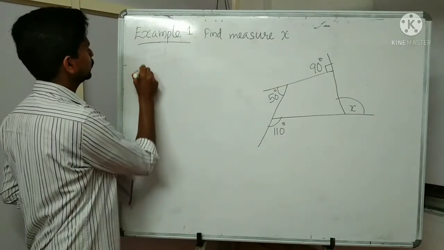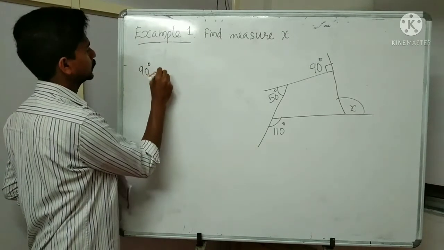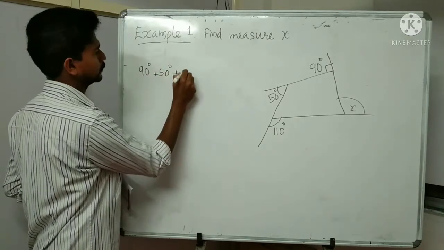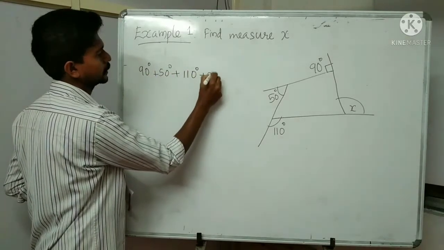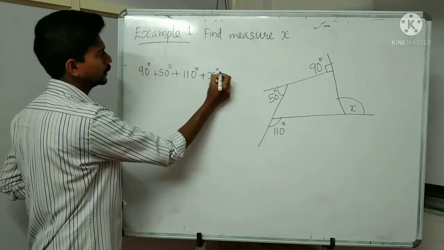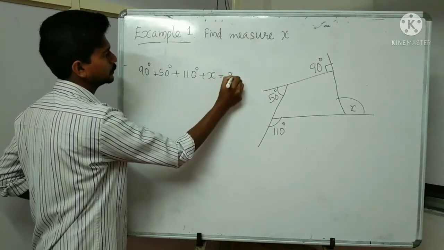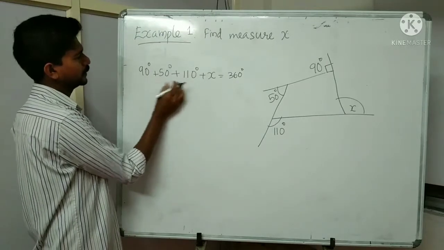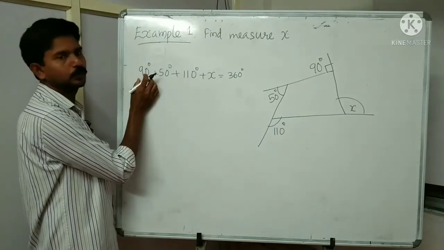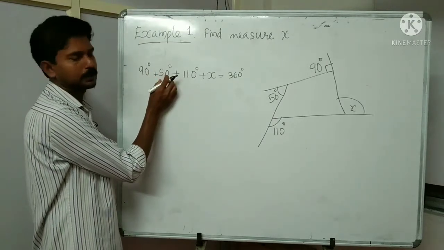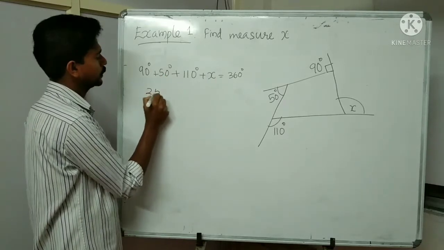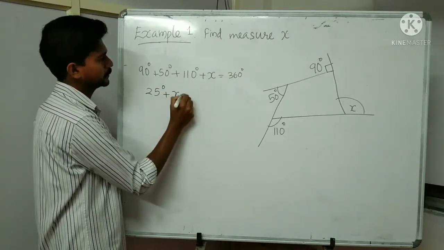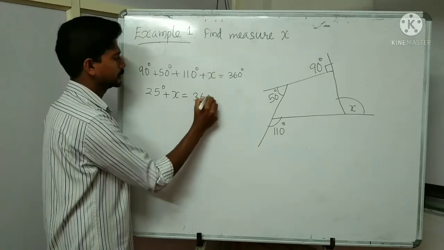So when we add 90 plus 50 plus 110 plus x, that is equal to 360 degrees. We can add the values: 110 plus 90 is 200, plus 50 is 250. So 250 plus x is equal to 360.